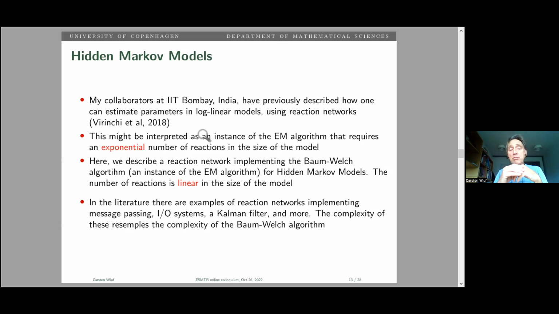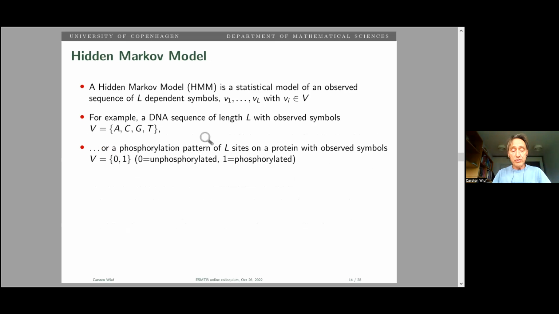There are many examples in the literature of similar algorithms being implemented in reaction networks, for example, message passing, Kalman filters, and other types. I will not go into further details with that. But to make sure we are on the same page, I need to tell you a bit about what hidden Markov models are.